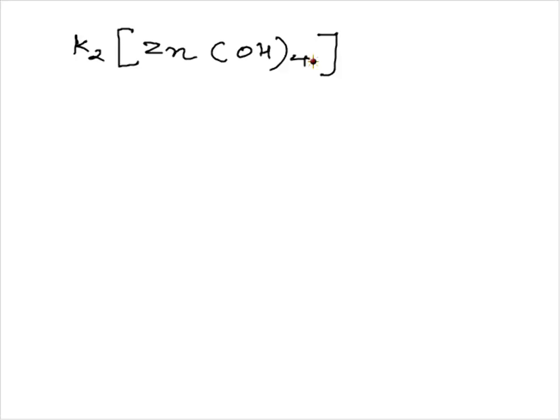Potassium tetrahydroxo. It is an anion charge. So just like chloro, hydroxo. Potassium tetrahydroxo zinc, but this is an anion, so zincate, right? Zincate. And what's the oxidation state of zinc? 2.